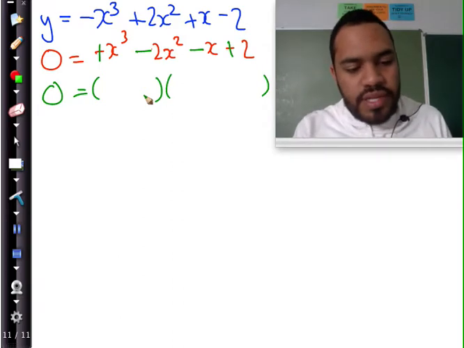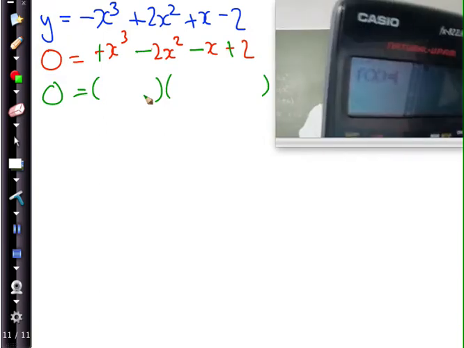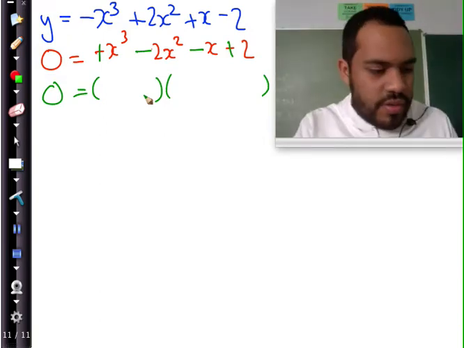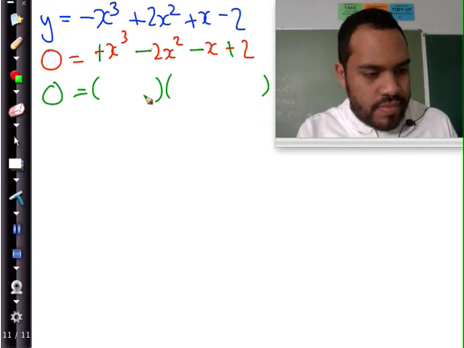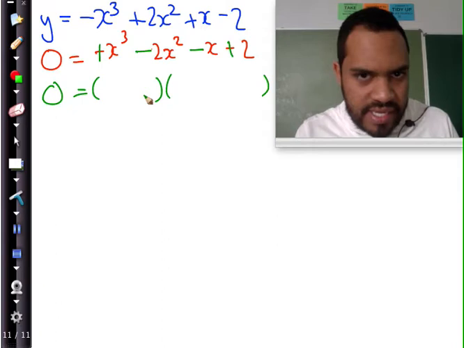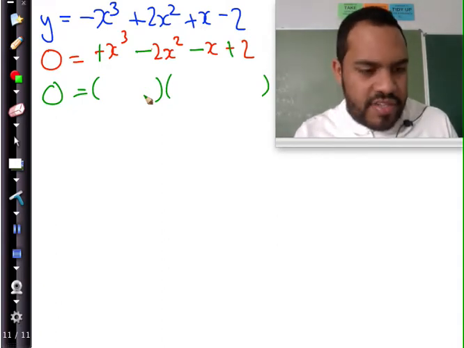Once again, mode, there we go. We put it in table, which gives us f of x equals, and now we type in the equation. Positive x cubed minus 2x squared, minus x plus 2.